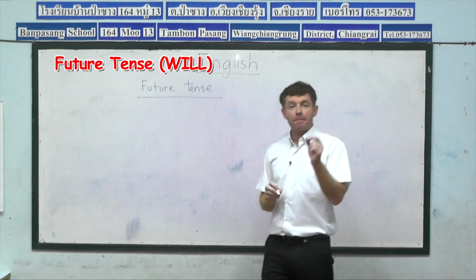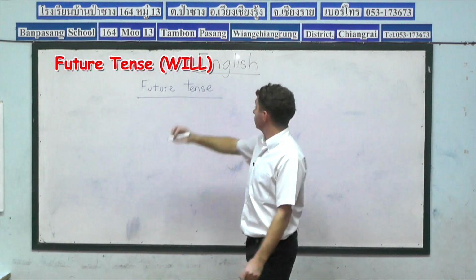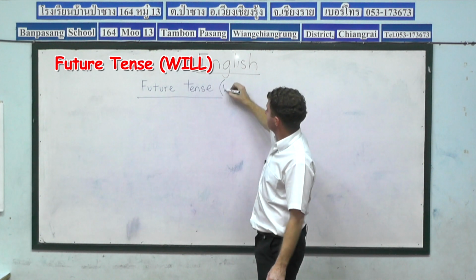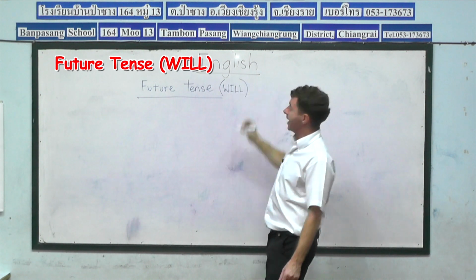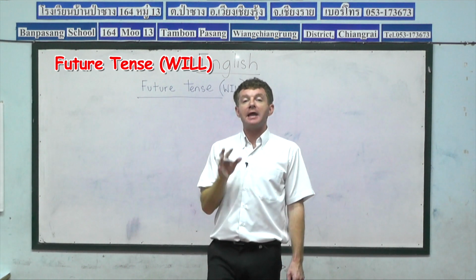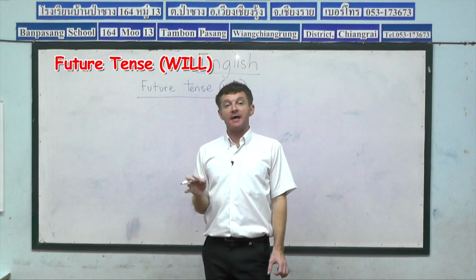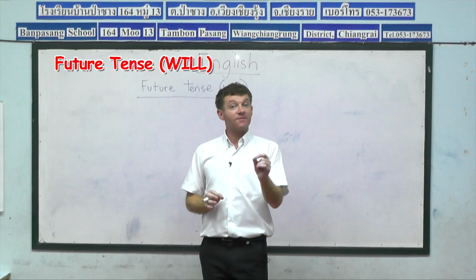Excellent, guys. Remembering about the future tense, there is one very important word that we will use all the time. W-I-L-L. Will. And what we were learning to do in the previous lesson was to describe when actions and events will take place.